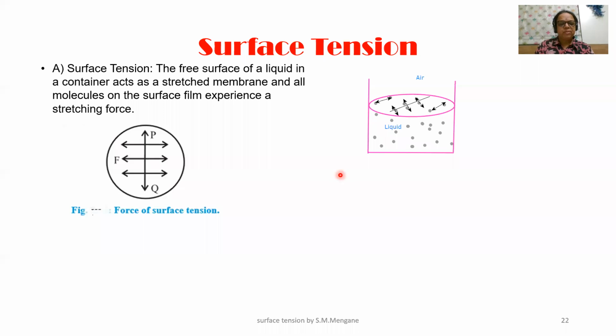To explain surface tension, consider a container filled with liquid. This is the free surface of the liquid. Molecules below it are liquid molecules, and above it are air molecules.